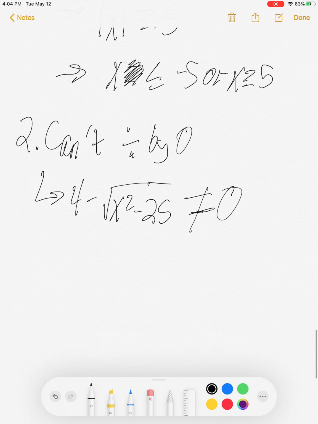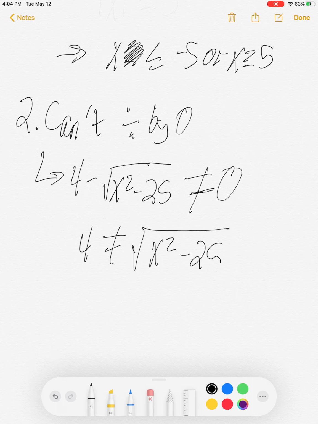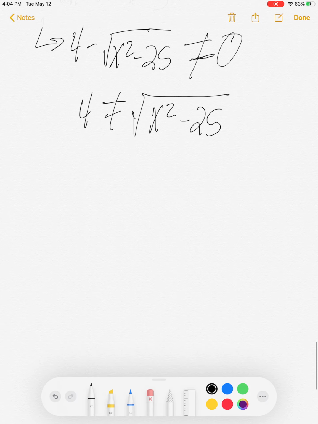And just like before, we're going to algebraically solve this to find a nice condition on x. So, let me add the square root to both sides. That means that 4 is not equal to the square root of x squared minus 25.